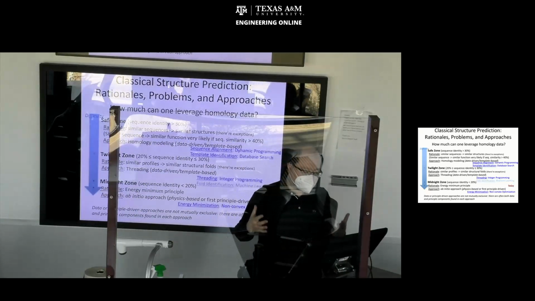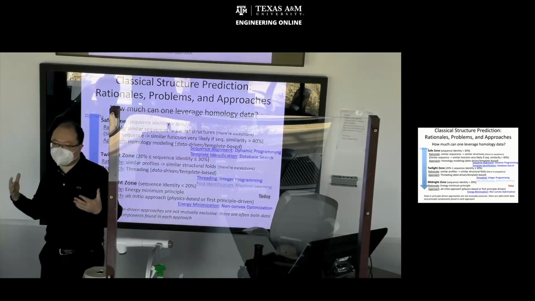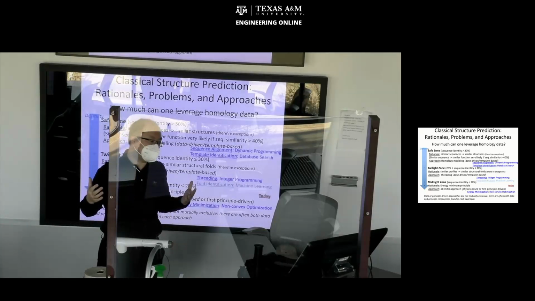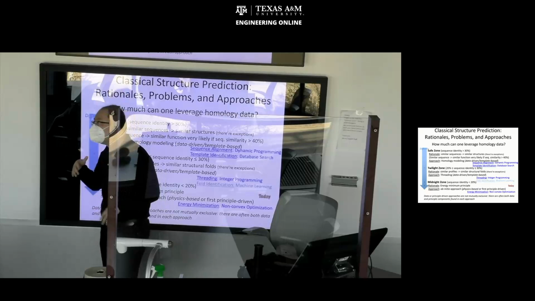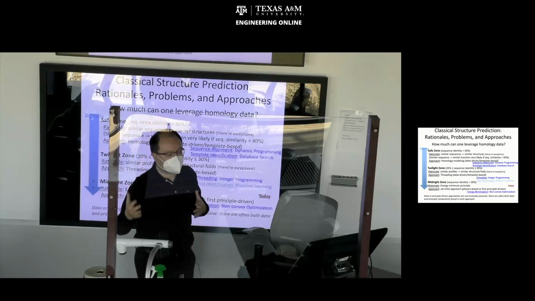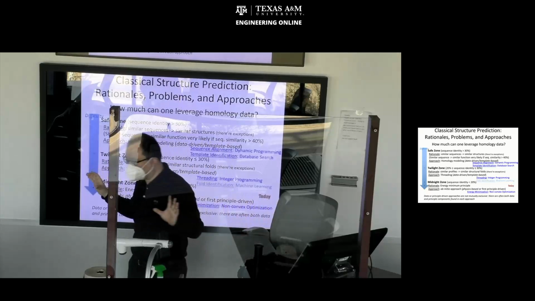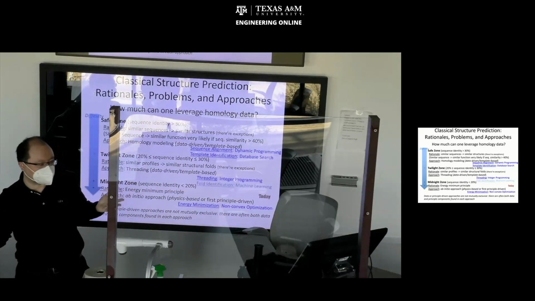Because of the weaker signals, similar profiles are going to tell you weaker identities as well, in the sense that it's not a similar structure, but a similar fold. Remember, we have hundreds of thousands of structures, but based on how secondary structures are organized, they can be categorized into low thousands of folds, right?